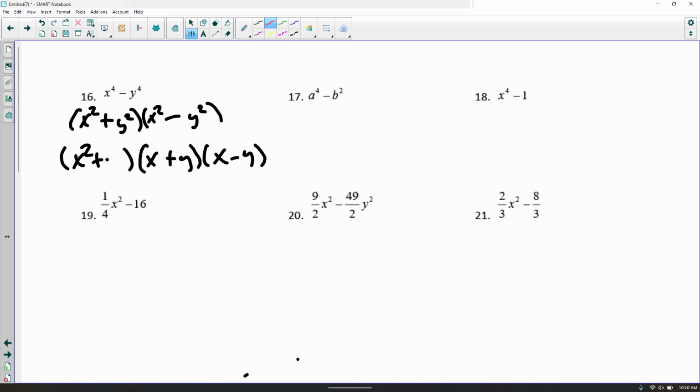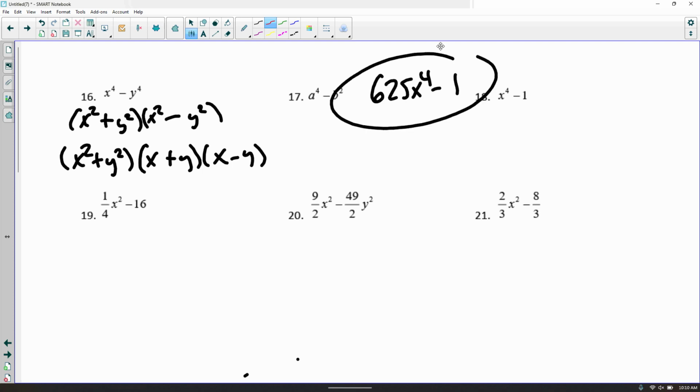What if you had, like, I don't know, 625x to the fourth minus 1? This is very similar to the one that we just did. That's why I'm doing it.